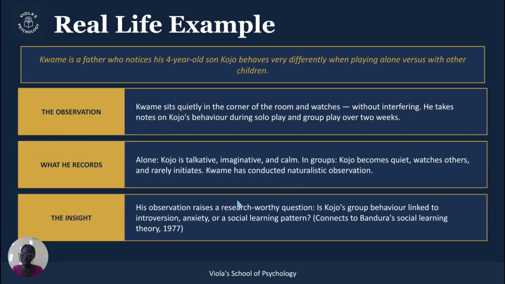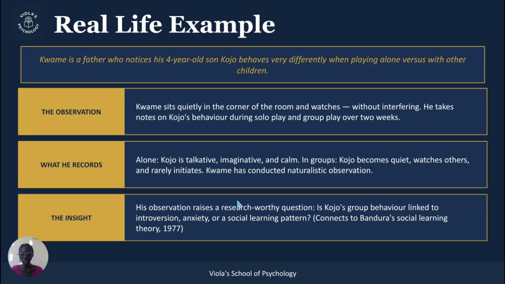And this is the research question: is Kojo's behavior linked to introversion, social anxiety, or social learning pattern? That's the question that is there. You can see variables there. You can see a connection also over there.